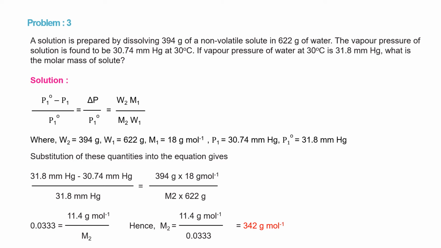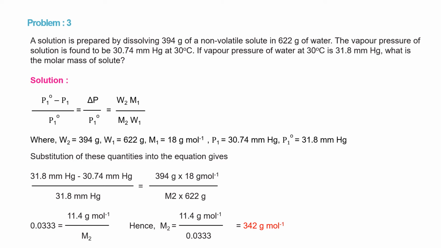A solution is prepared by dissolving 394 gram of non-volatile solute. See, this is a non-volatile solute, which is nothing but your W2, because weight is given in gram. So W2 is equal to 394 gram. In how much water? That is 622 gram, which is nothing but your W1. So W1 is equal to 622 gram.